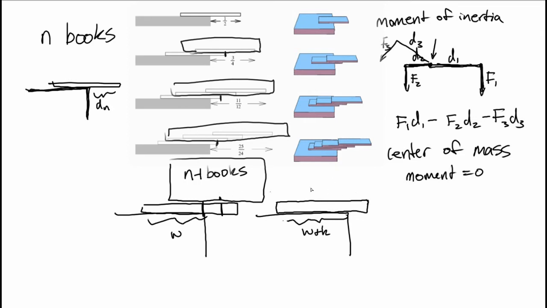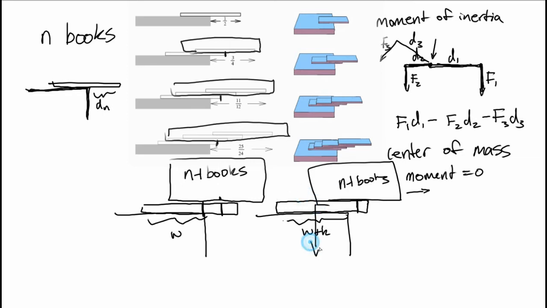That means that if n-1 books are here, we can actually move this to the right. We can move the center of gravity of n-1 books to the right because the weight on this side has increased. So we can move this to the right because the moment of inertia on this side has increased.